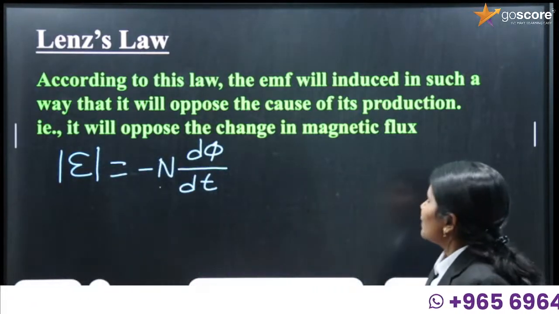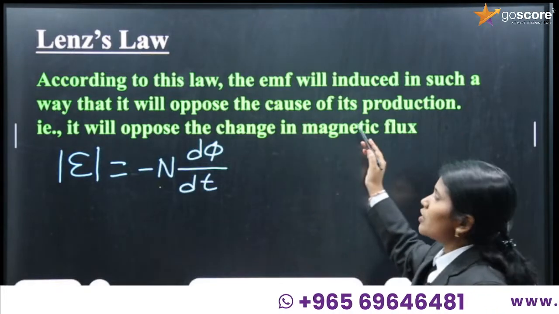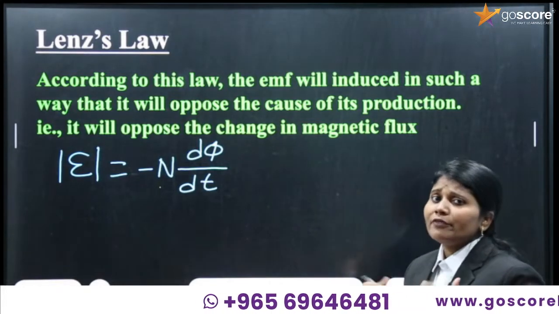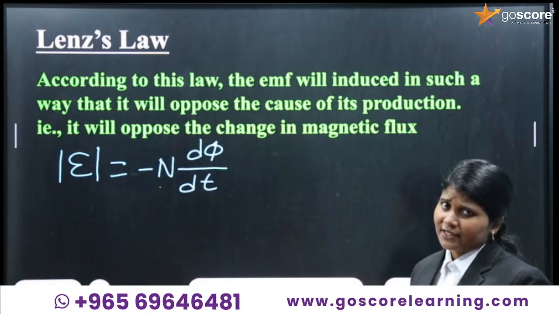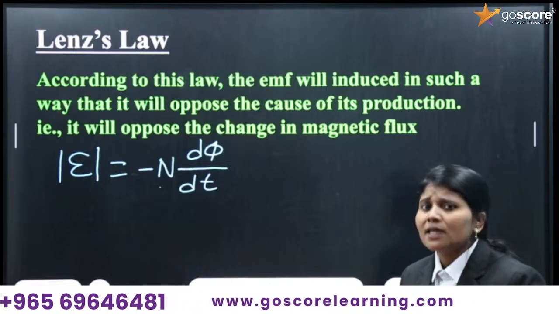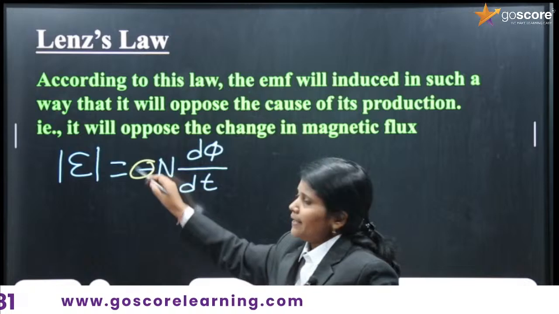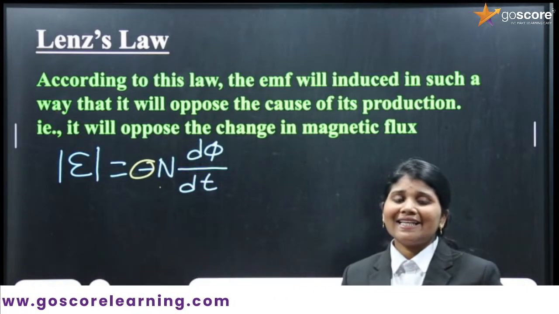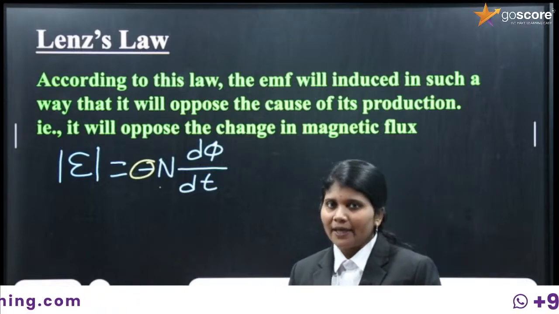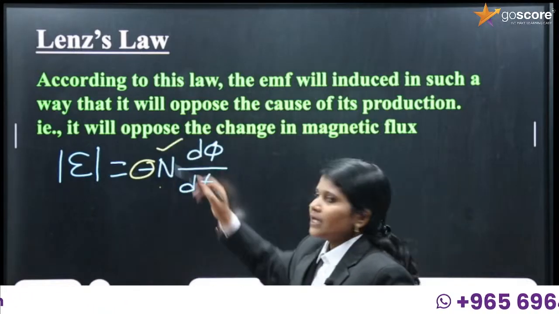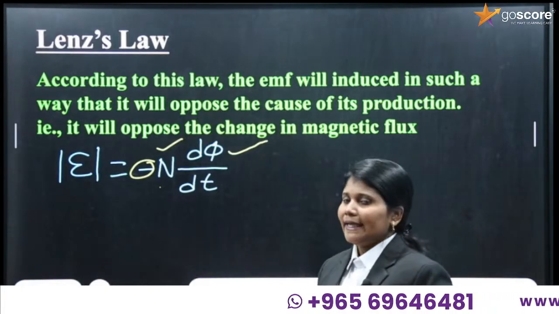According to this law, EMF will be induced in such a way that it opposes the cause of its production, which is the change in magnetic flux. That's why we are considering minus. E is equal to minus N d phi by dt. Here N is the number of turns and phi is the flux.